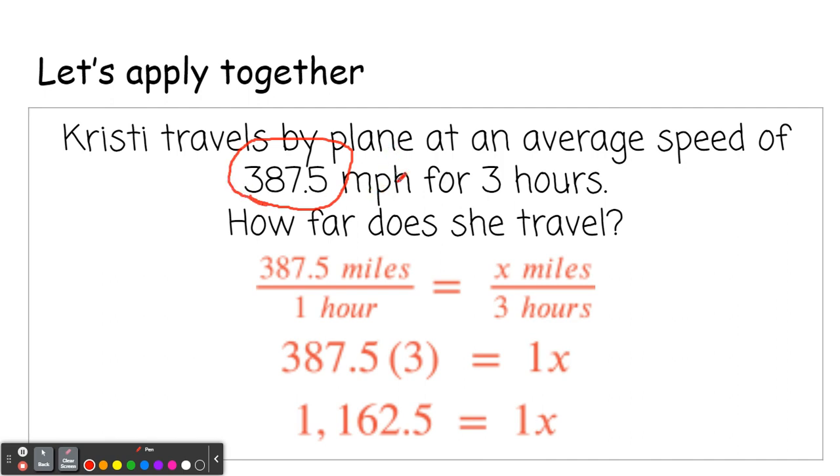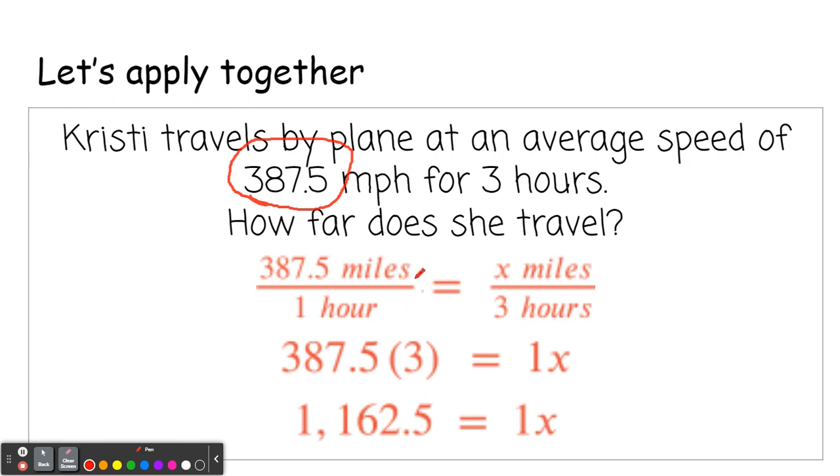That just means in 1 hour, I traveled that far on a plane. So then I'm saying, well, I'm traveling for 3 hours. And you'll notice how I have miles to miles and hours to hours lined up. I could do this in another way where I could do miles on one side and hours on the other. This time, because I like to do that comparison this way, it's a little easier for me to see, but just know that as long as you have same with same, it works.